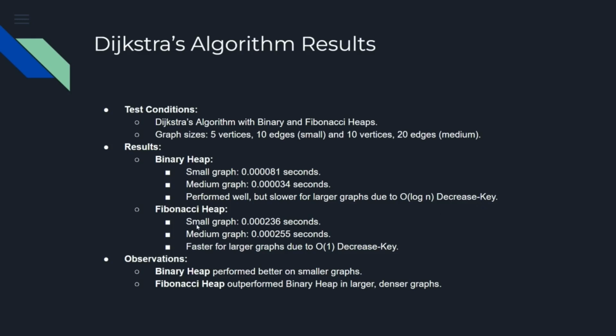Also, the Fibonacci heap with the small graph was 0.002336 seconds, and the medium graph was 0.00255 seconds, faster for the larger graph due to the O(1) decrease key. The observation that we got was that the binary heap performed better on smaller graphs, and the Fibonacci heap outperformed the binary heap in larger, denser graphs.